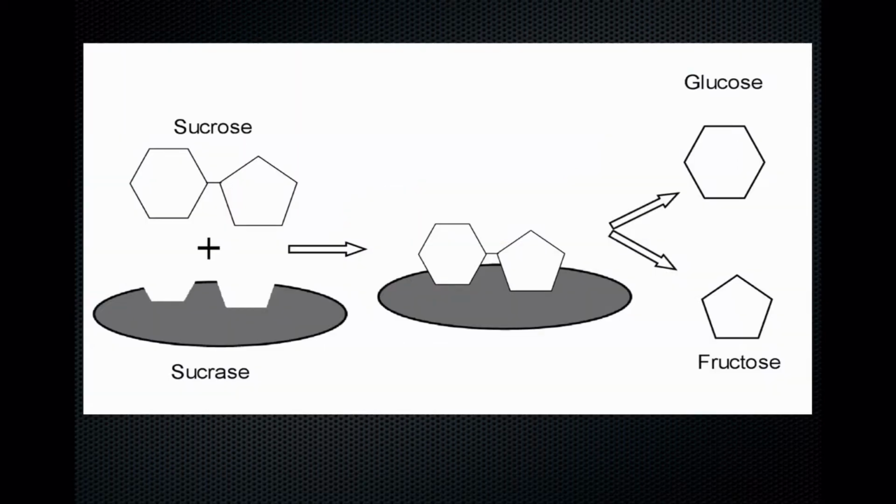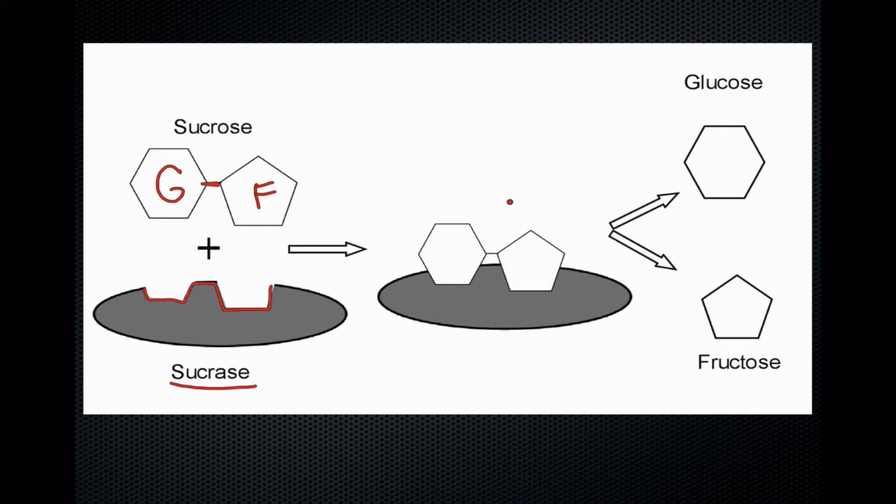Now here's a more specific example. We have sucrose, which is a double sugar, or disaccharide. Remember, sucrose is a glucose attached to a fructose by a bond that was created by dehydration synthesis. And here we have an enzyme that's found in your digestive system called sucrase. Sucrase has an active site that can receive a sucrose molecule.